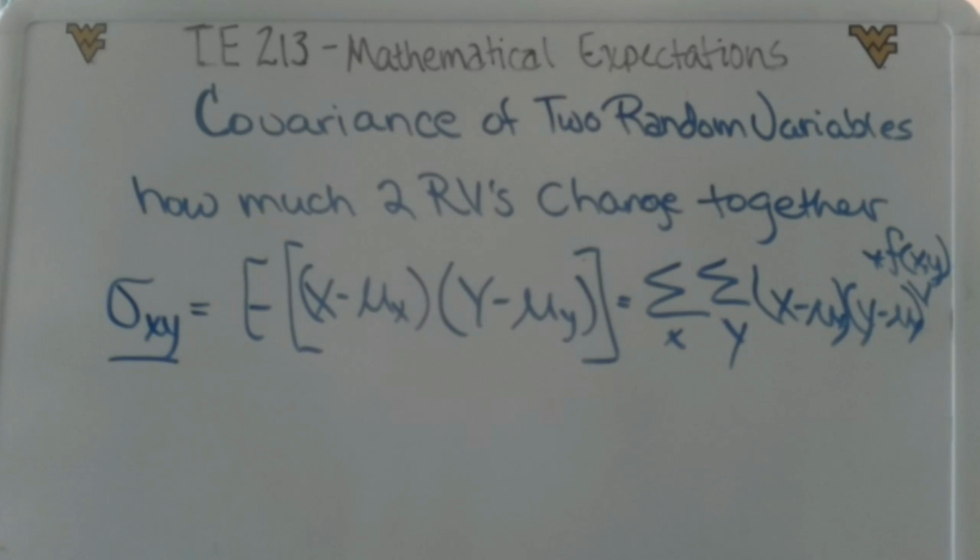So we would sum up the x's, sum up the y's of x minus mu x times y minus mu y times f of xy.